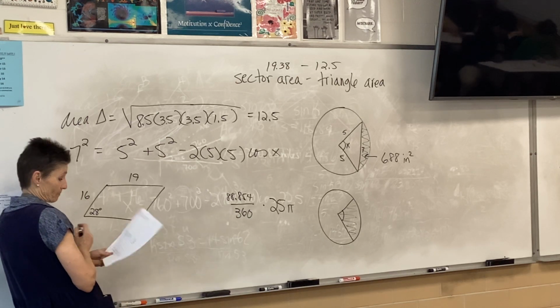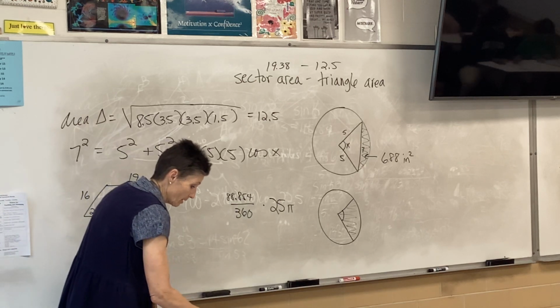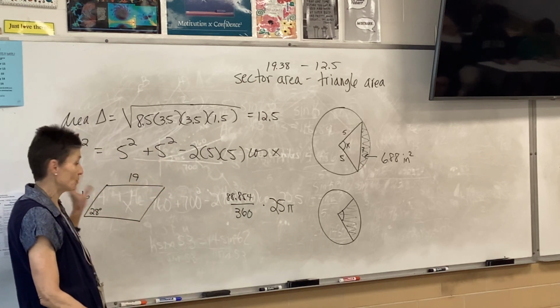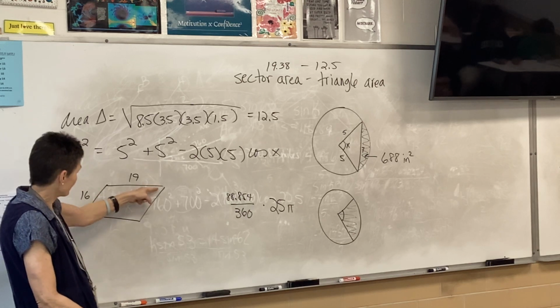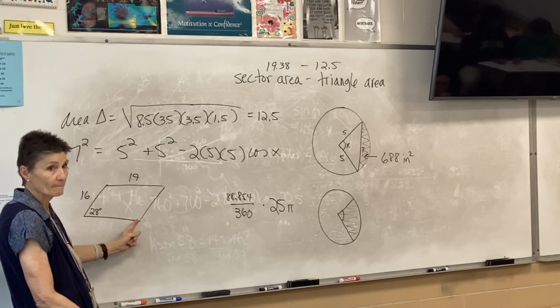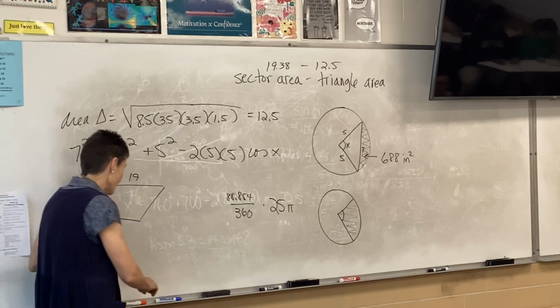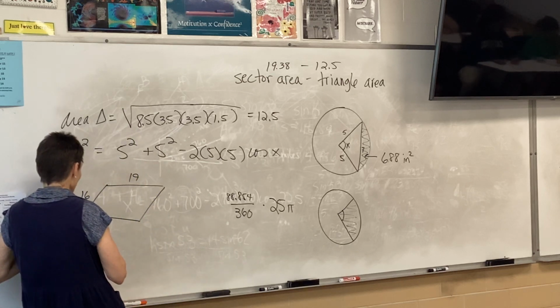With me? Find the longer diagonal. Okay, so clearly, when you look at the picture, you've got this diagonal and you've got that diagonal, and that one is longer, right? So I'm going to go ahead and draw that one in. This is my longer diagonal.